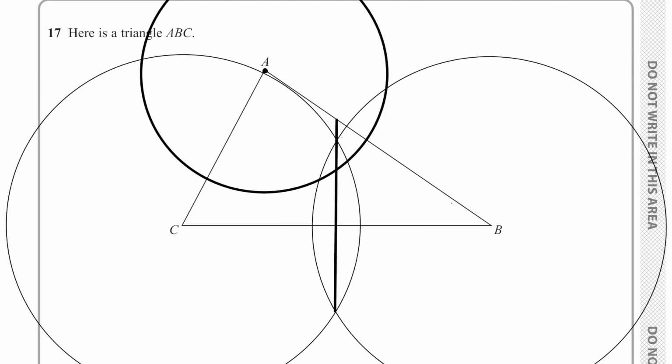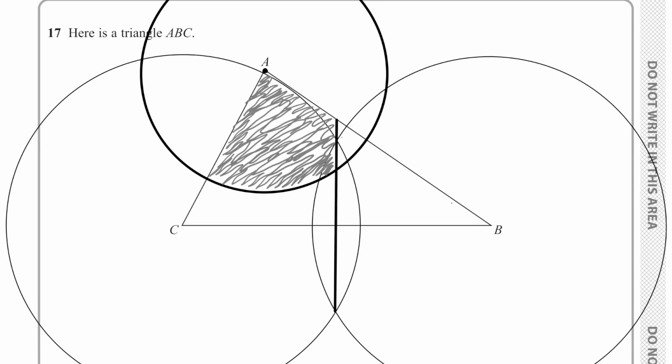So we can just shade left of the line within the circle, and of course within the triangle. This is our region. So it's less than 4 centimeters from A, and it's closer to C. So there we have it.